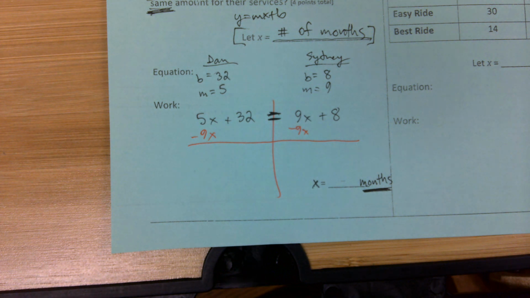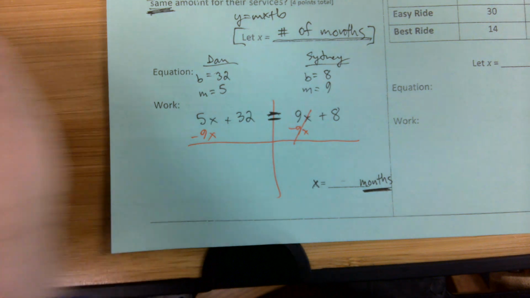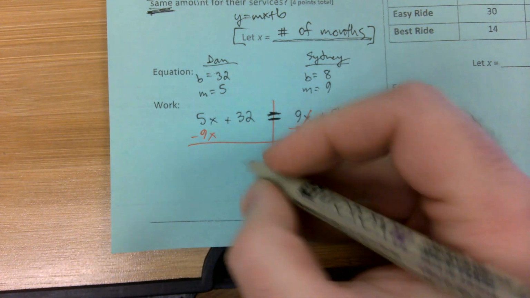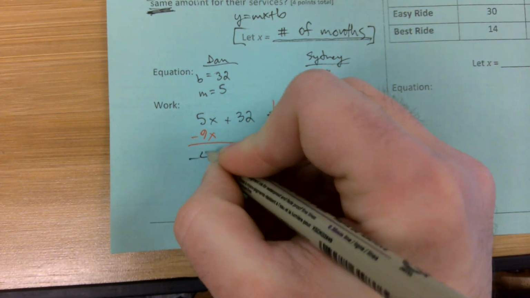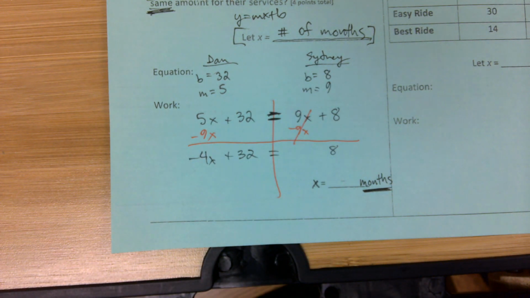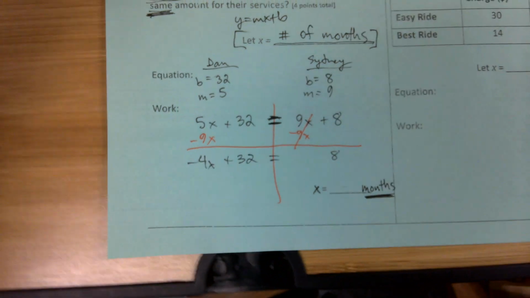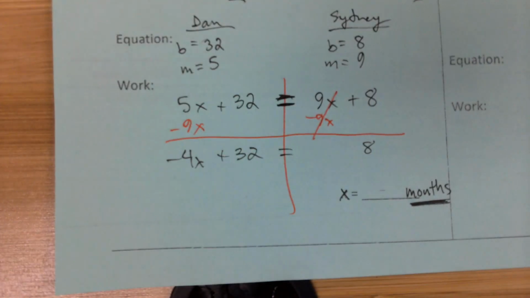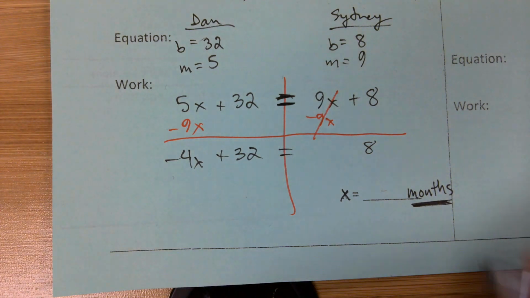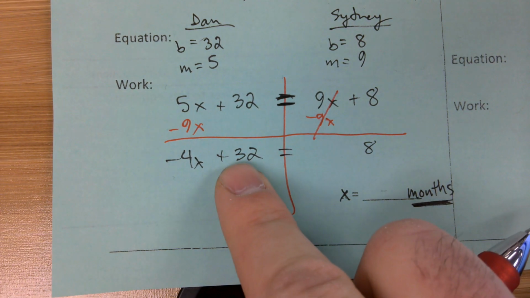That was great. 9x's cancel out. 5x minus 9x gives us what? Negative 4x. Thank you. We've brought our variable terms over to the left. What are we now going to bring over to the right? Andy? Yeah, exactly. Our constant term, which is 32.